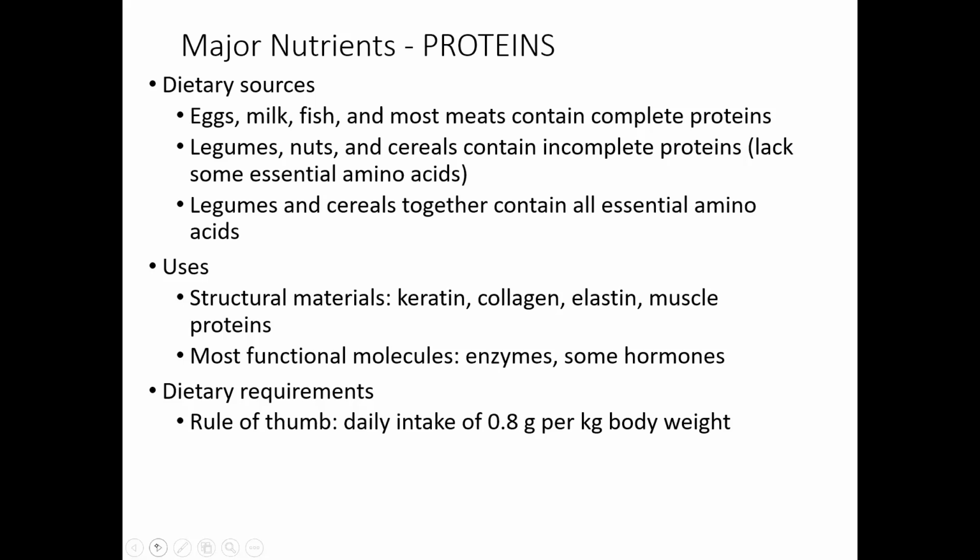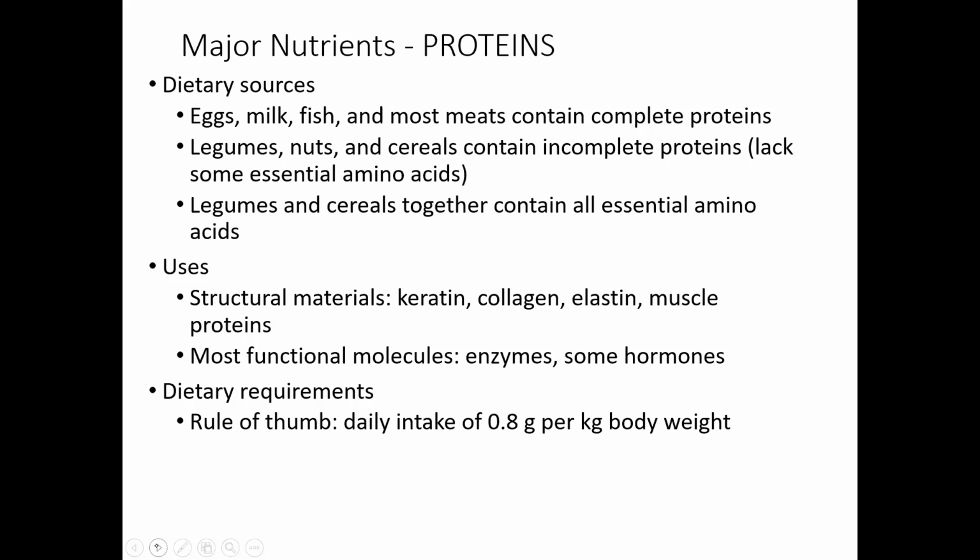For example, if you combine grains and beans, grains and legumes, peas and beans, plus cereals, rice, wheat, corn, oats. To get to the simple one, beans and corn together give you all 20 amino acids.